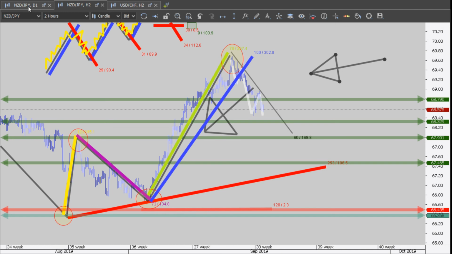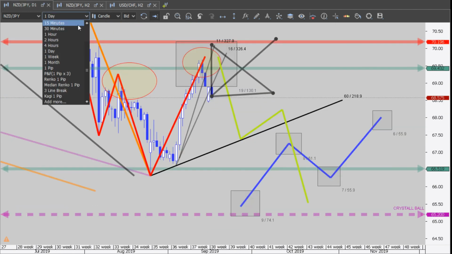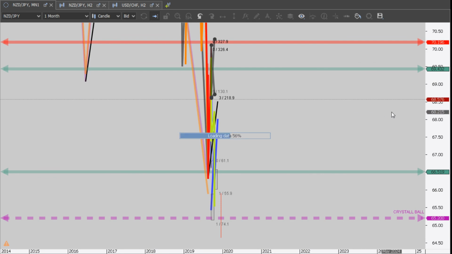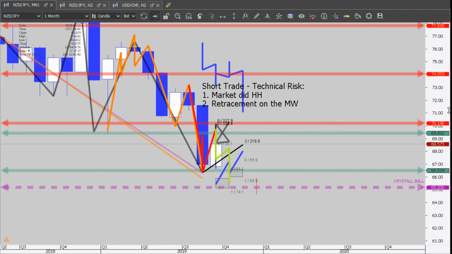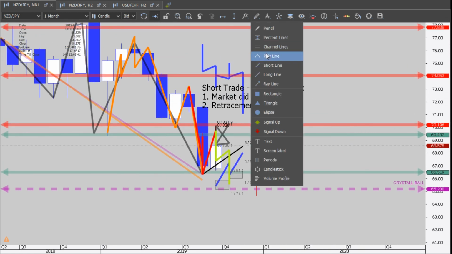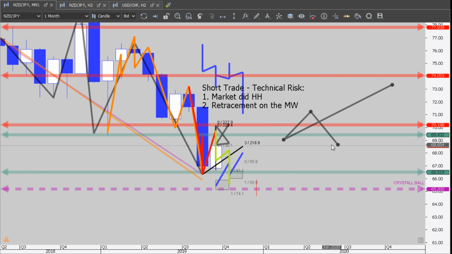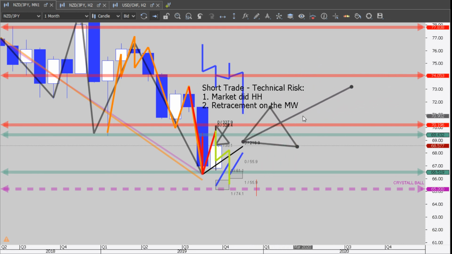And remember, over and over and over again, if you have all the reasons to enter on the 15-minute chart and on the 2-hour chart and on the daily chart, and you are going to lose, it is because you didn't address the monthly chart.